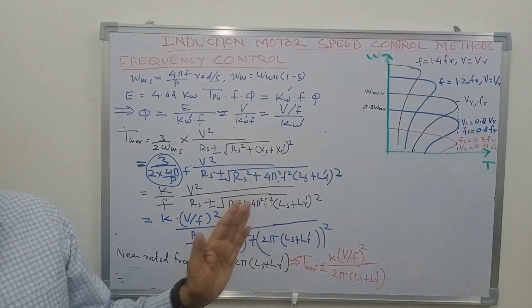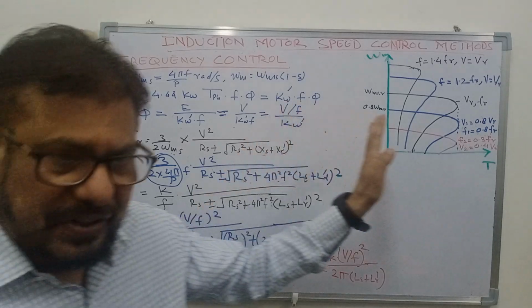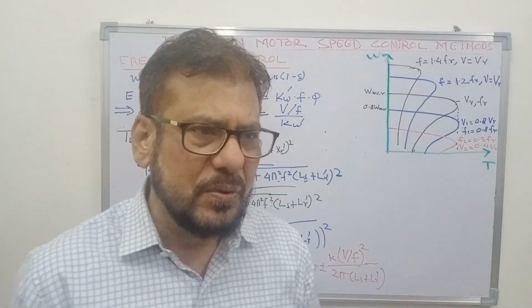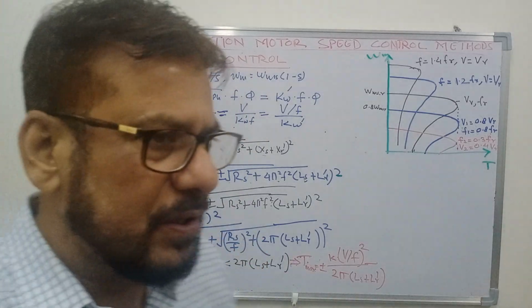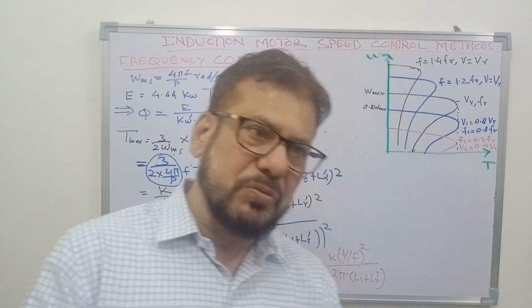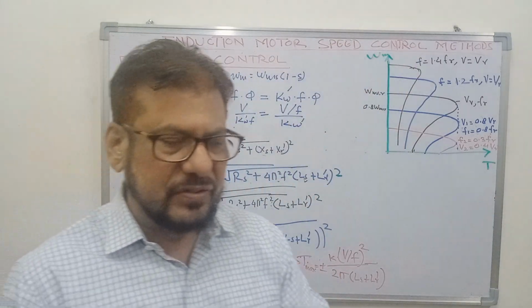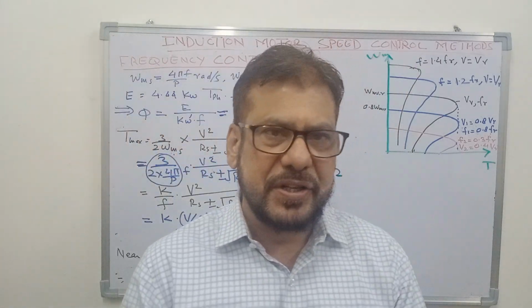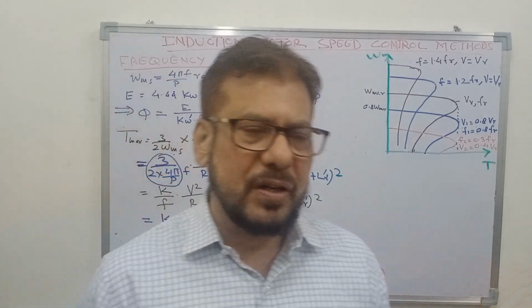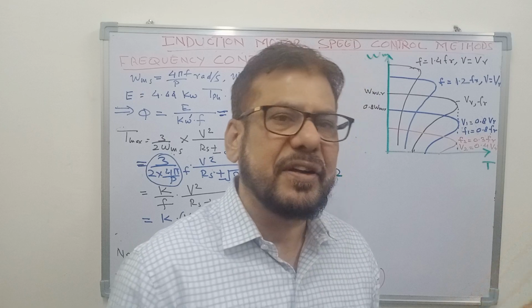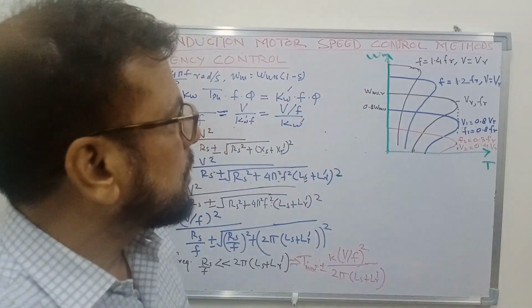The T max remains constant at its rated value. So this you can do. You can make a calculation and form a lookup table that at this frequency this is the voltage, and at this frequency this is the voltage. In that way you can maintain certain voltage that keeps the maximum torque constant at its rated value.